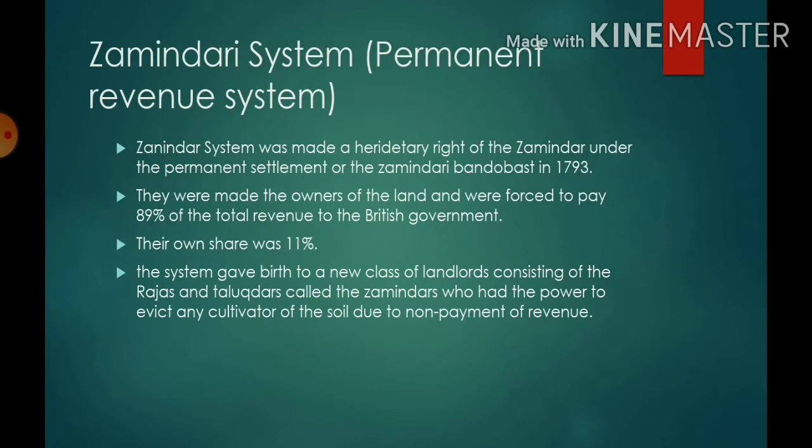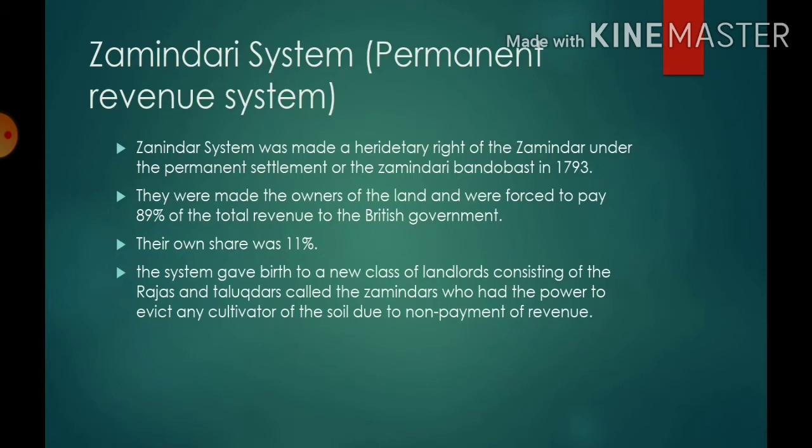Means the landlords also collected the revenue from the peasants, and 89% of the revenue they gave to the British East India Company, and 11% they kept. And sometimes they also evicted any cultivator who did not repay the revenue.